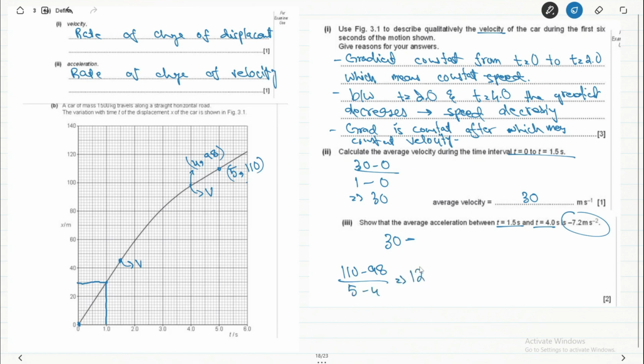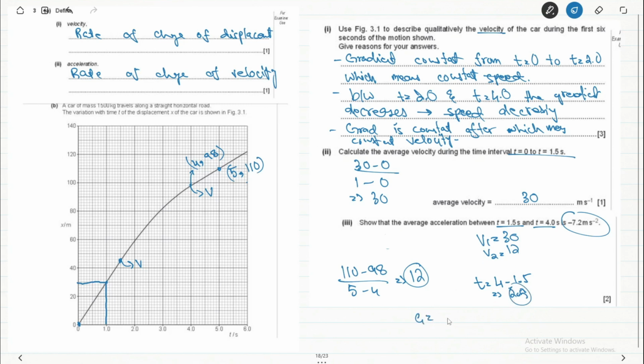This becomes 12, right? So the initial velocity v1 was 30, v2 is 12, and the time it takes is t equals 4 minus 1.5, so this becomes 2.5. So this is everything we need for this formula.